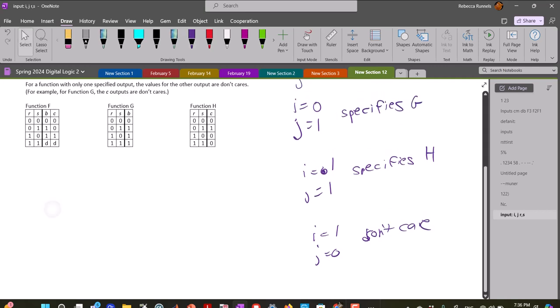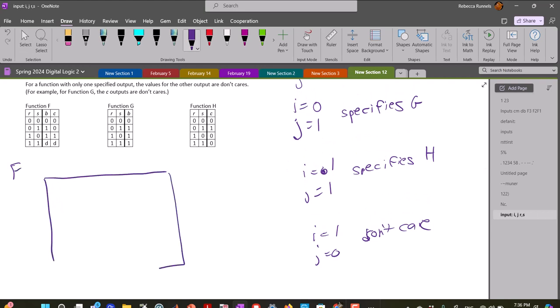Alright, so I'm going to start by making a Karnaugh map for F. Actually, no, that's not how I'm going to do it.